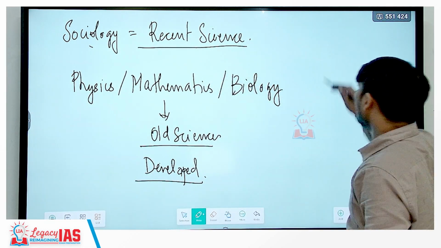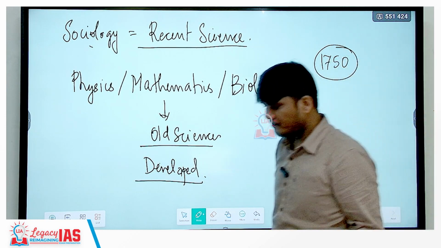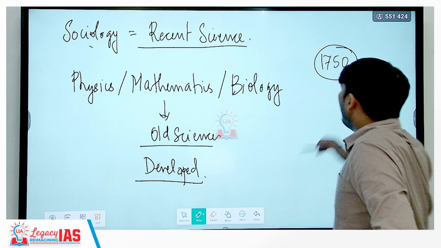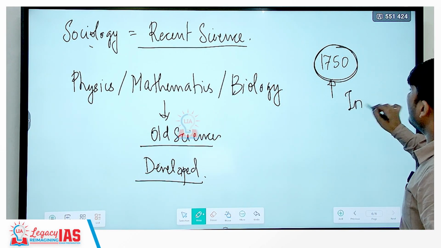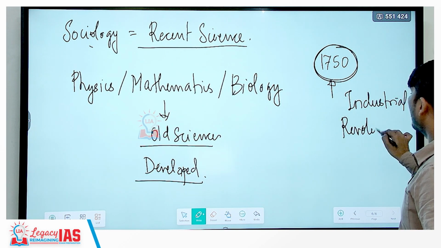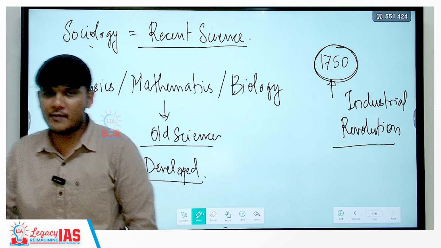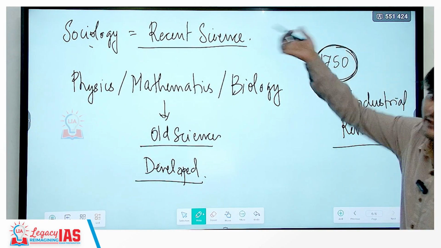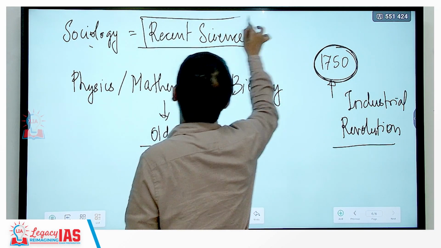Meaning after 1750, so not even 300 years old. Even the six thinkers specifically mentioned in your paper 1 are from during or after this period only. So note this point: sociology is a very recent science.